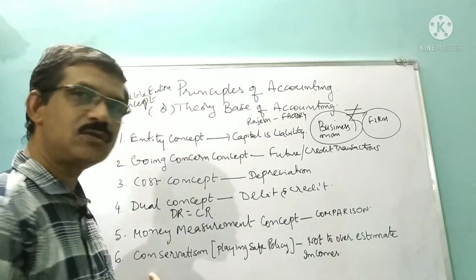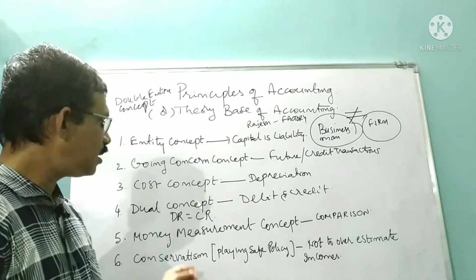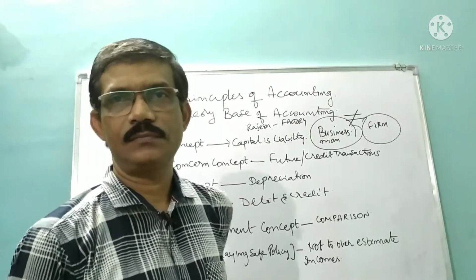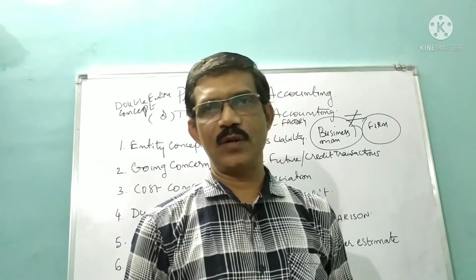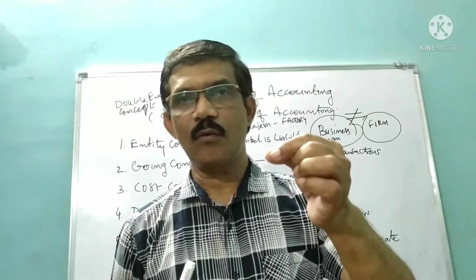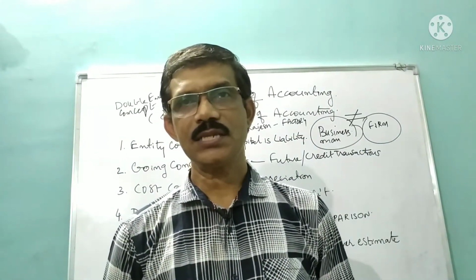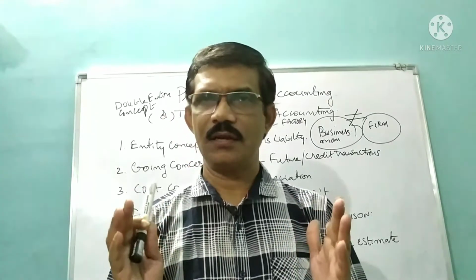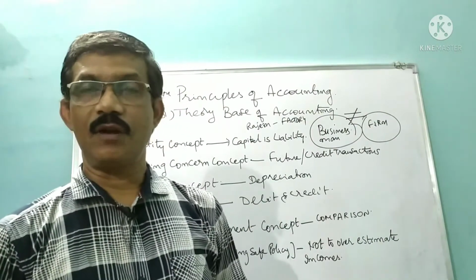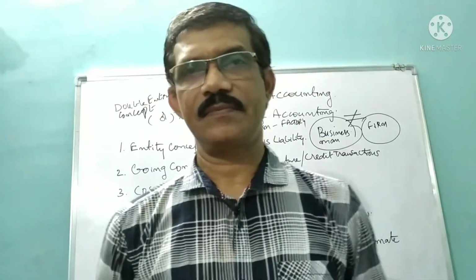Next, let us go to conservatism. This is also an important concept. It is also known as the playing safe policy. What is it? You should not overestimate your incomes. Understand? A very helpful concept. Don't overestimate your profits. Very dangerous.